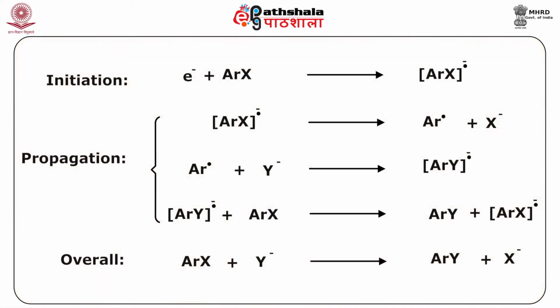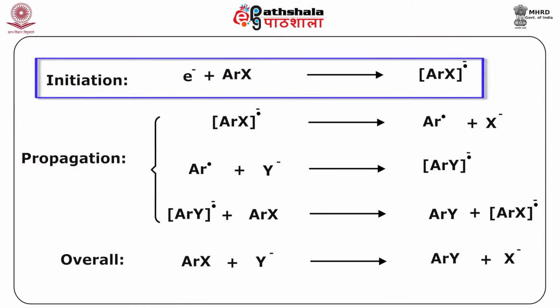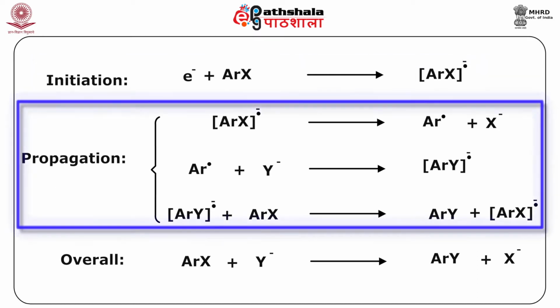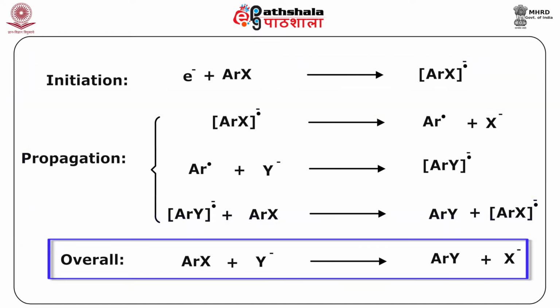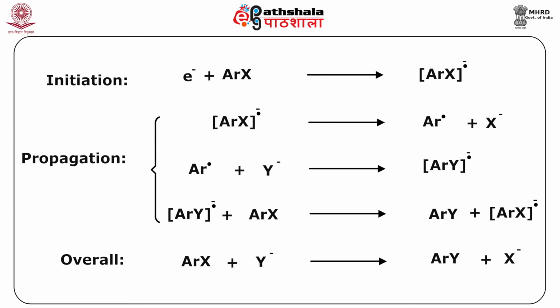The general schematic representation for the SRN1 reaction is shown here. As in normal radical reactions, the first step is the initiation reaction, the second is the propagation, and the third is the overall reaction. As depicted in this figure, in the SRN1 mechanism, the initial attack takes place via an electron donor rather than a nucleophile.